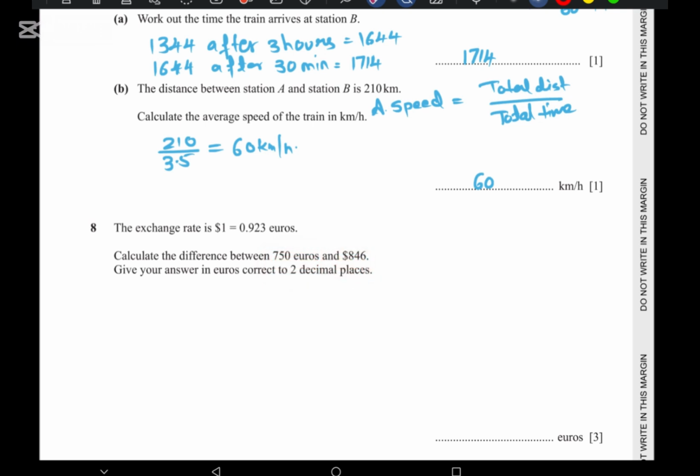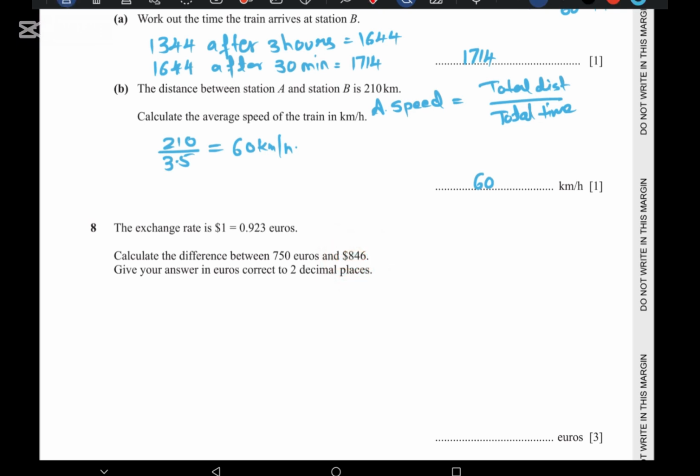Give your answer in euros correct to two decimal places. We have to find the difference between 750 euros and $846. So obviously we have to subtract, but the answer should be in euros. So that means we need to convert these dollars into euros and then find the difference.